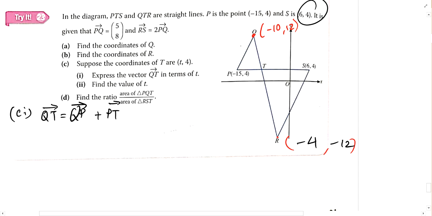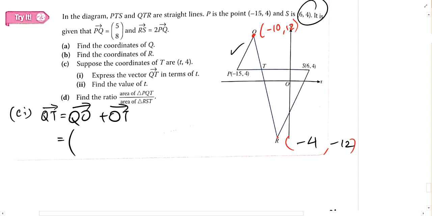For that, you already have QP, but you need to find PT. This is your problem over here, which can be done also. But Sinlin has an easier way. How about we go from Q to O, then from O to T instead? Isn't it better?